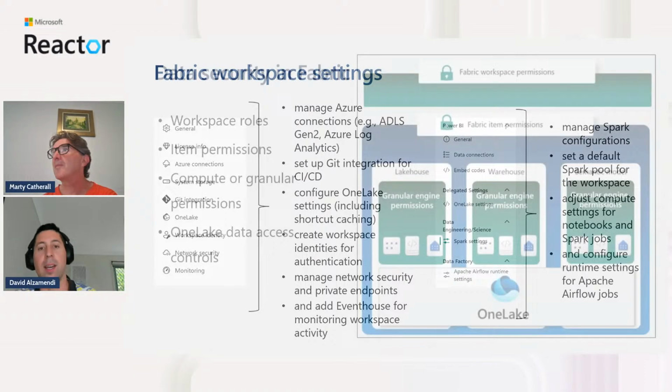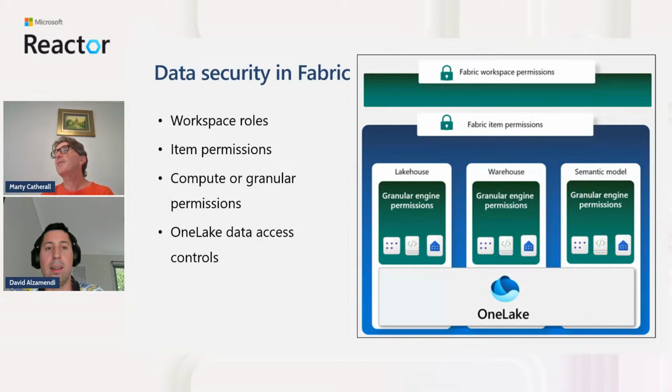On top of that, you can see in this data security in Fabric, before we introduced the concept of tenants, domains, workspaces. What you have to remember is that you can assign access at different levels.